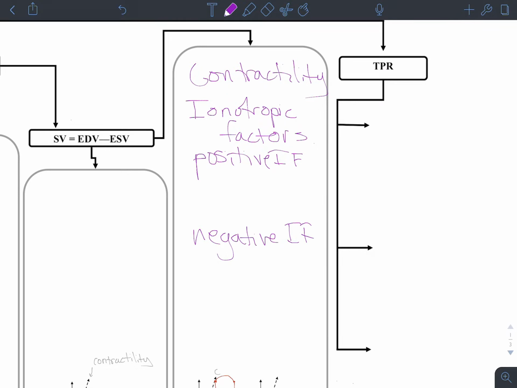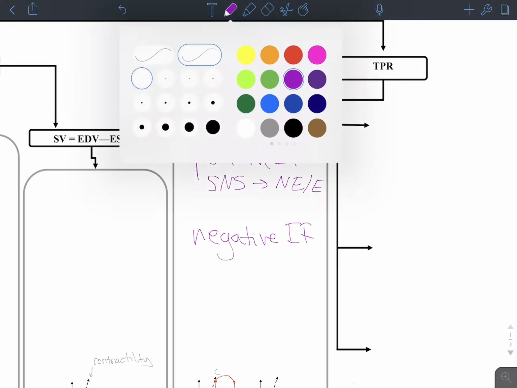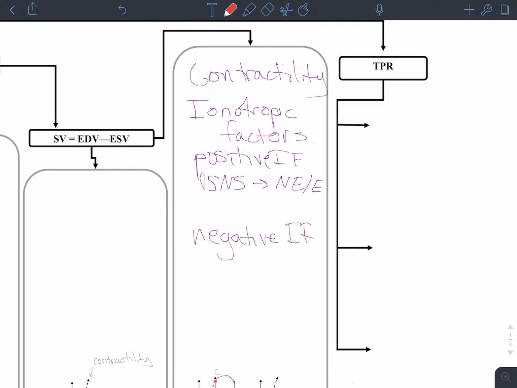So in order to positively add to contractility, we're going to stimulate sympathetics. And sympathetics usually means we're releasing norepinephrine and epinephrine. All right? And when we're contributing positive factors, and we're contributing sympathetics, norepinephrine and epinephrine, that is actually going to increase our contractility.